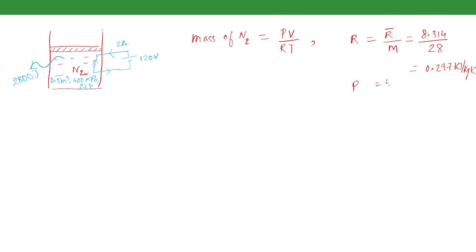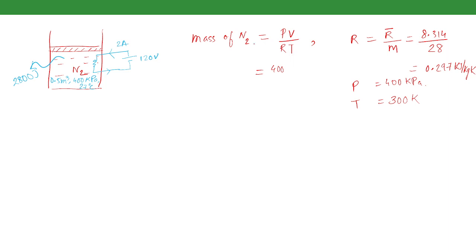Pressure is 400 kilopascal, and the temperature is 27 degrees Celsius. Here we have to write the temperature in Kelvin because the gas constant has a unit of Kelvin. So 27 degrees Celsius is 300 Kelvin. The pressure is 400.